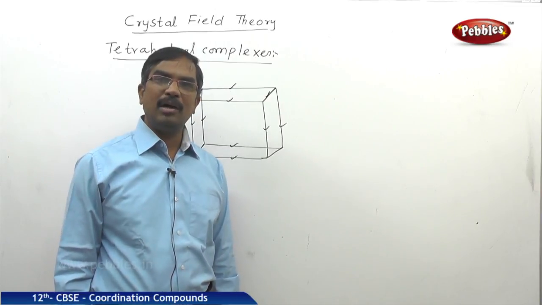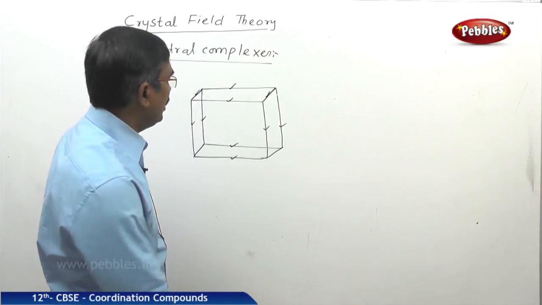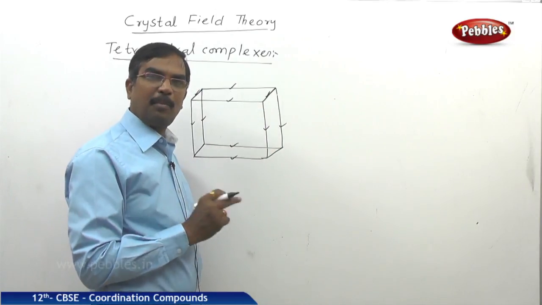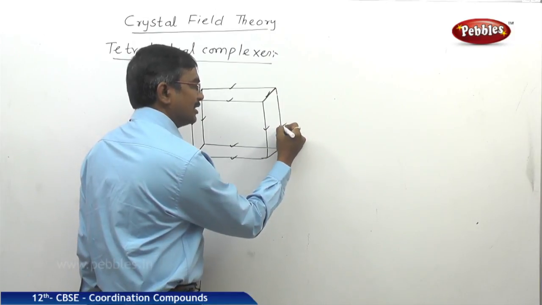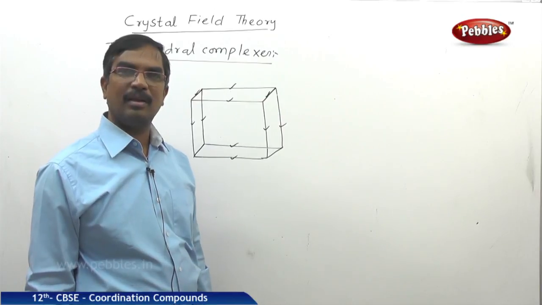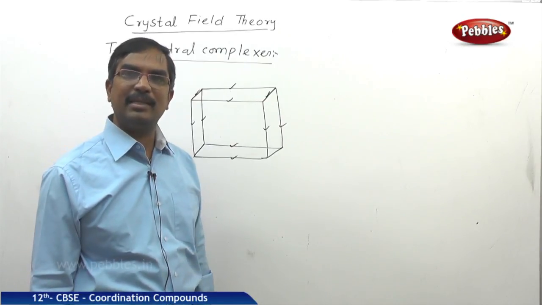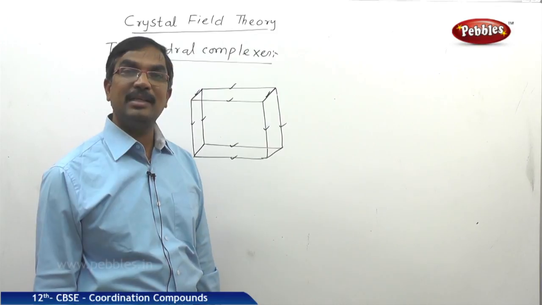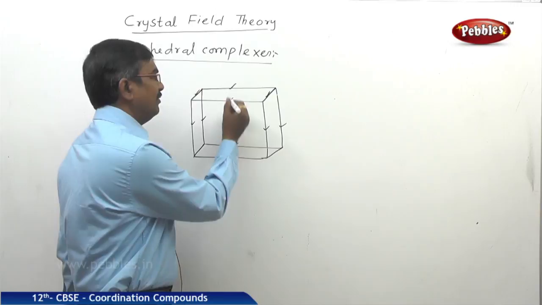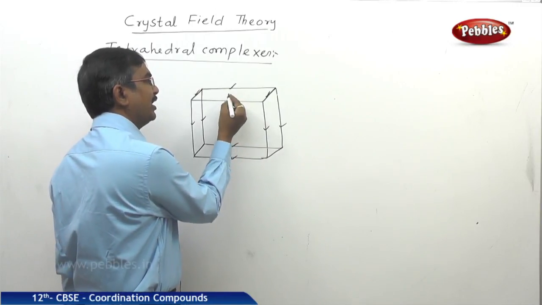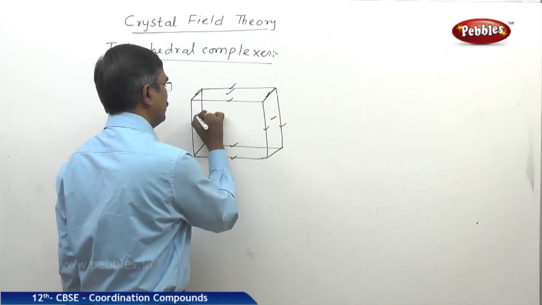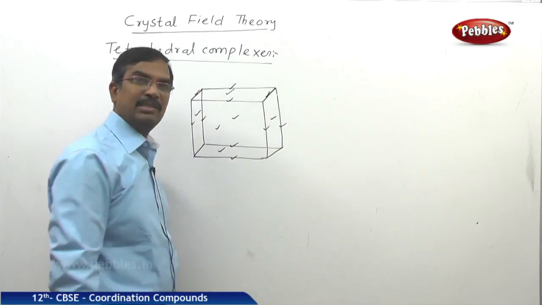Those 3 orbitals will point towards the center of the corresponding edges. And the remaining 2 orbitals, dx square minus y square and dz square, will point towards the face centers. This is a face, no? Face center, face center, all these face centers.